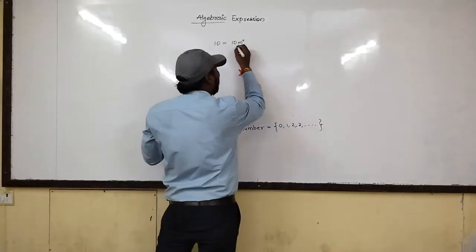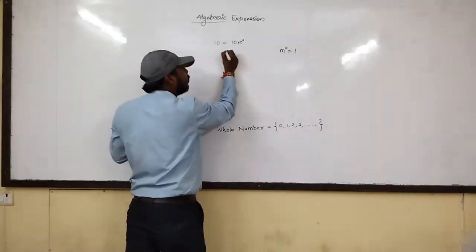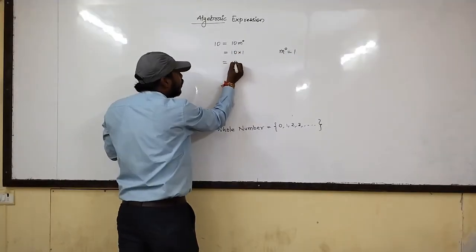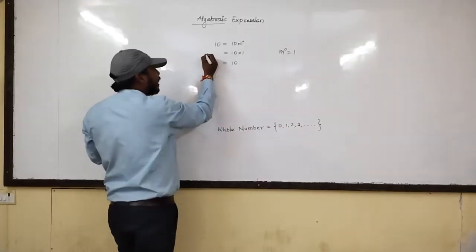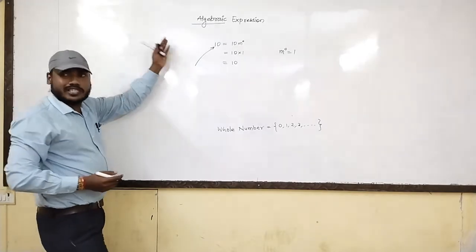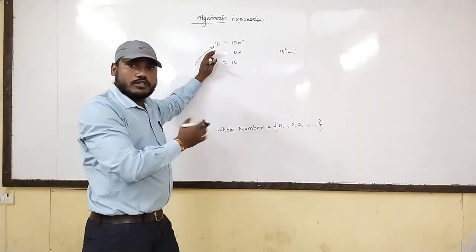As we know, m raised to 0 is nothing but 1, so the value is 10 into 1, which is 10. Such an expression is known as a constant polynomial. So such kinds of terms you will also get.